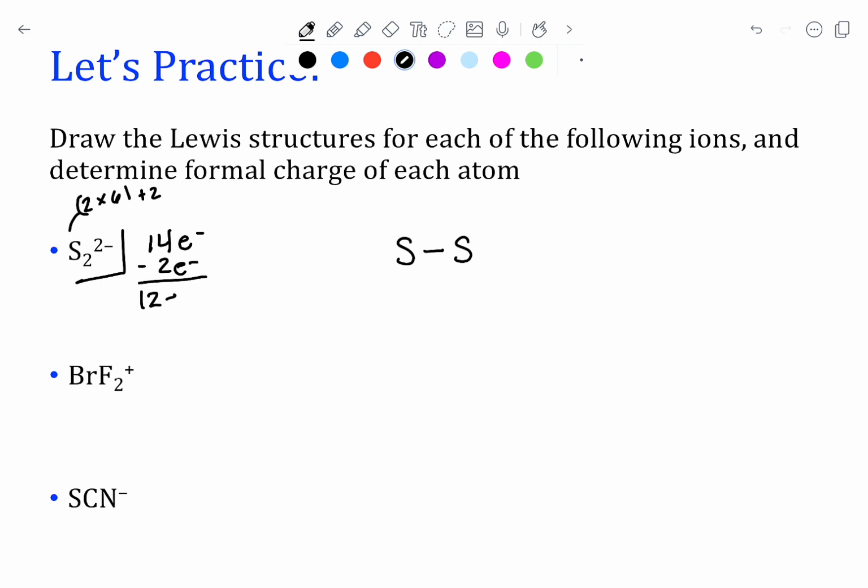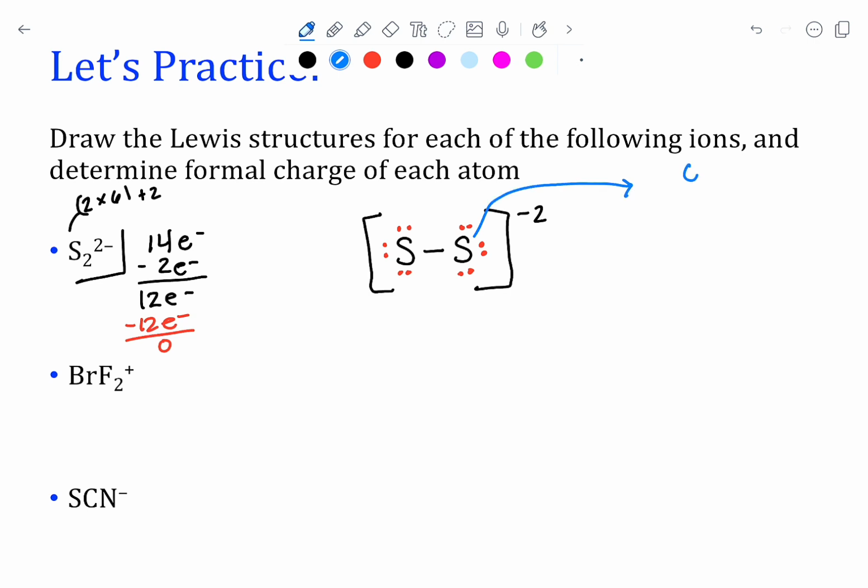I now have 12 left over that I'm going to put on as lone pairs. So 1, 2, 3, 4, 5, 6, 7, 8, 9, 10, 11, 12. Okay, that used up all 12 of my leftover electrons. And I'm going to put my bracket around here to put my 2 minus on the outside to show that it is an ion.